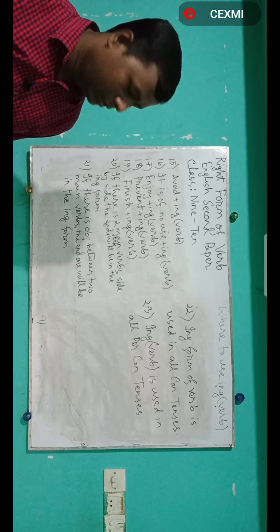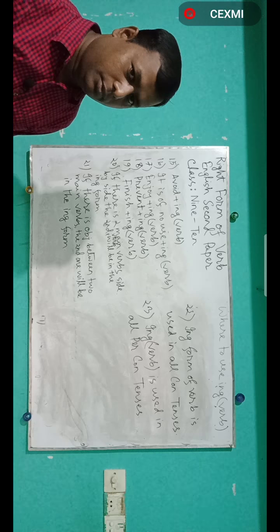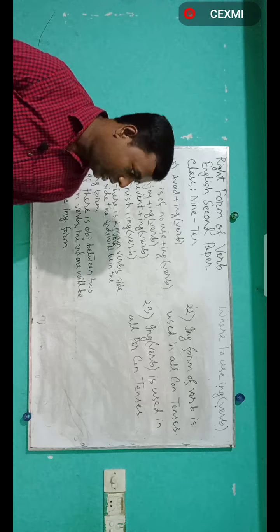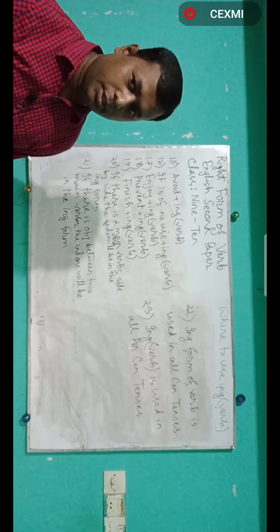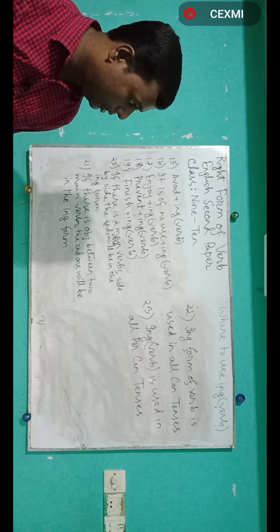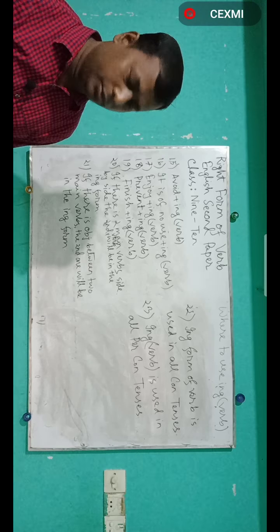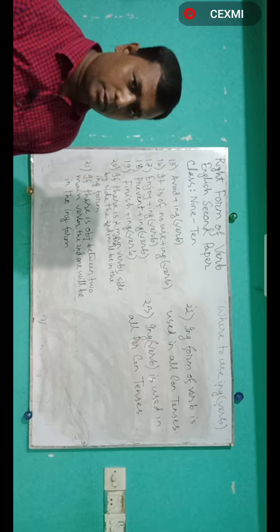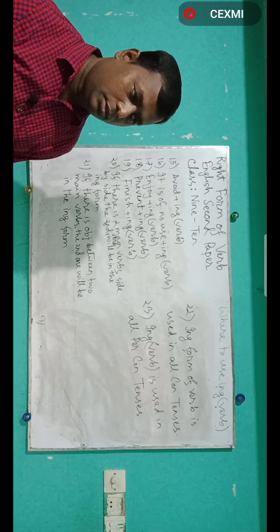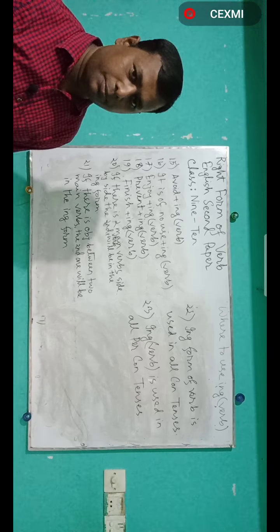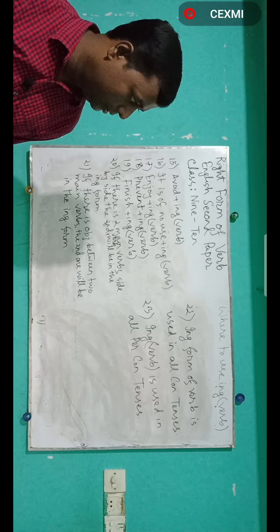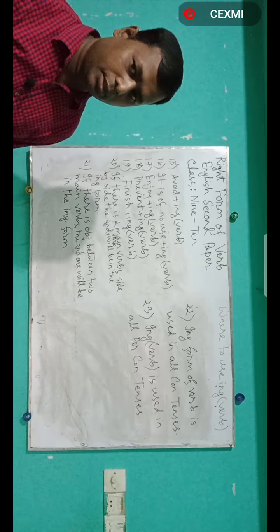Now I am giving an example of past perfect continuous tense. I had been writing. So in this sentence, ing form of verb has also been used. In future perfect continuous tense, ing form of verb is also used. For example, I shall have been writing for an hour.